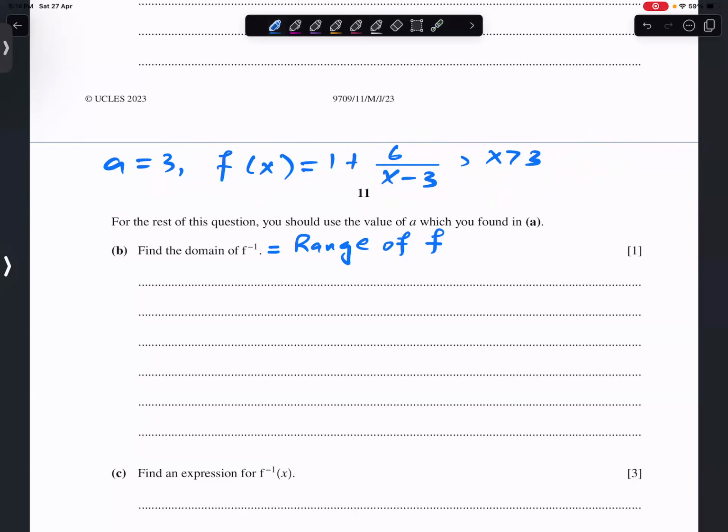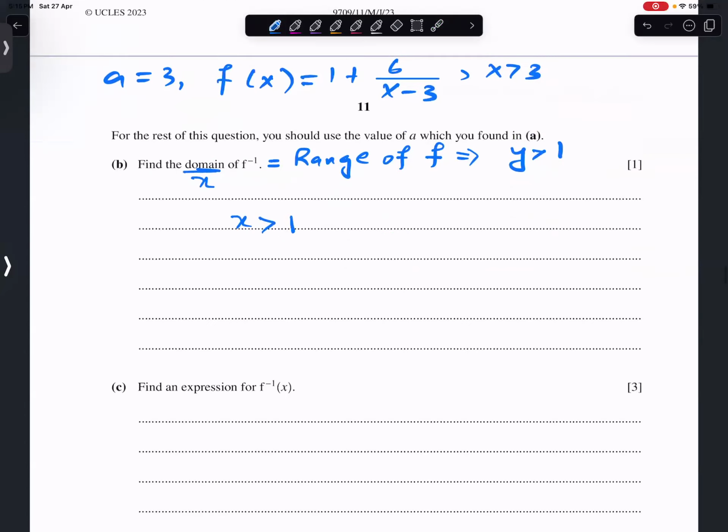So the range of f will be y greater than or equal to 1. Sorry, y greater than 1. Why not equal? Because you cannot take x exactly 3 to make it 0. So the range of f is always greater than 1. So the domain of f inverse will also be greater than 1. But as the domain variable is x, you will write x is greater than 1.